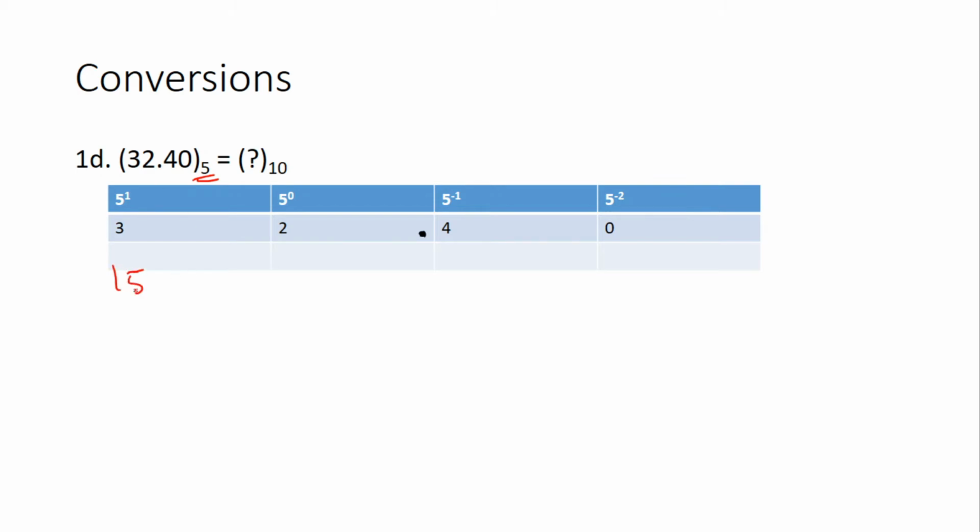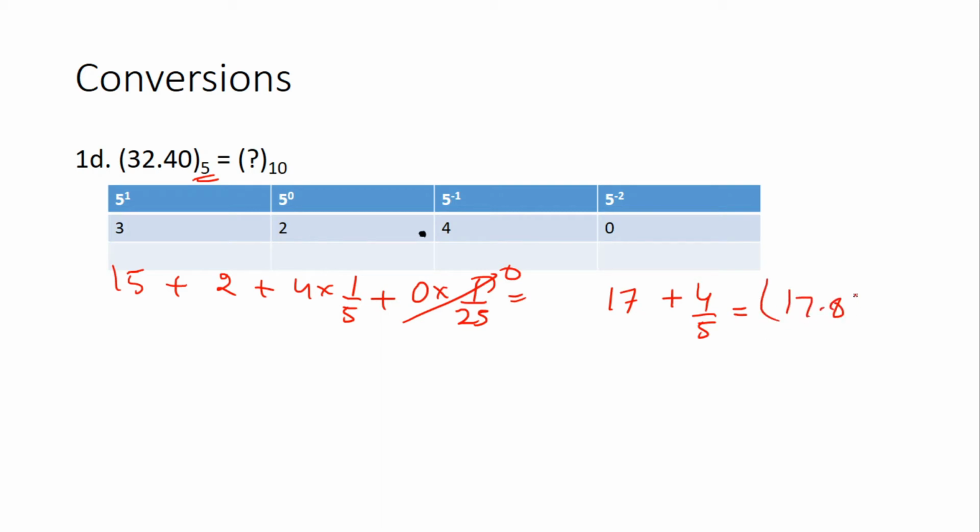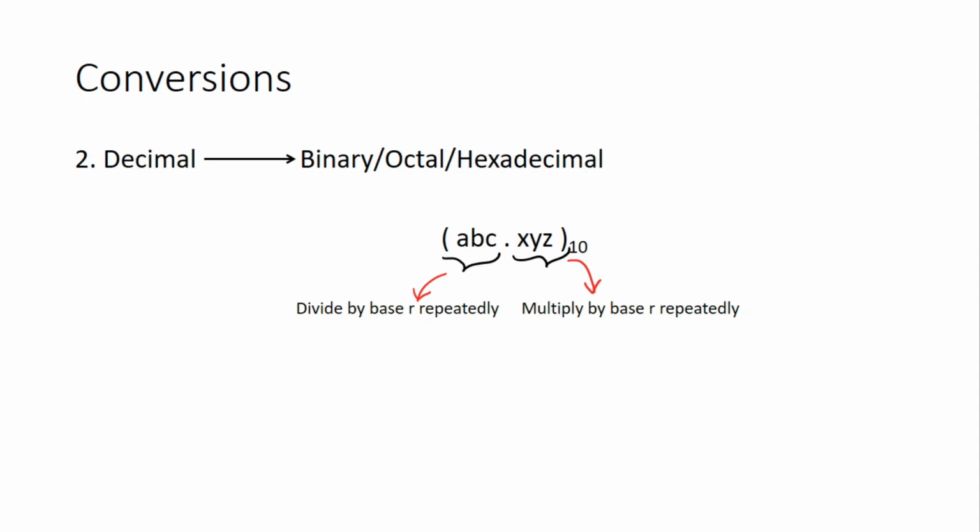So that would be 15 plus 2 plus 4 into 1 by 5 plus 0 into 5 square, which would be 0 simply, so it would be 17 plus 4 by 5, and this number translates to 17.8 in decimal.